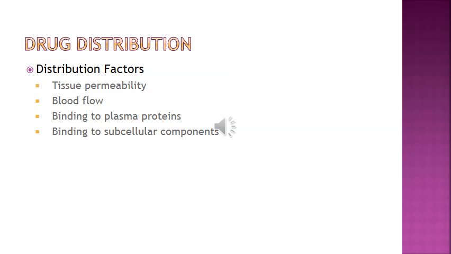A few different factors are going to be affecting the distribution of different drugs. Some of those particular factors are the permeability of the tissue that the drug has to pass through, so how easily the drug will be able to pass through the different tissues, particularly the target tissue; the blood flow to a region, because as we obviously know, a lot of your drugs are going to be carried through the circulation; the ability of the drug to bind to plasma proteins; and also the binding to other subcellular components.